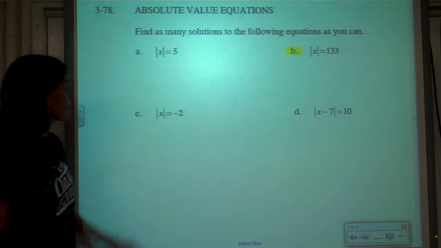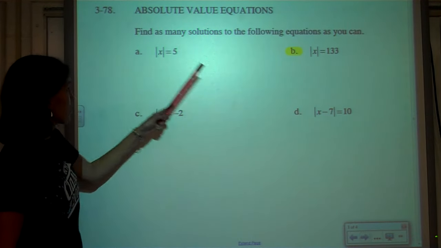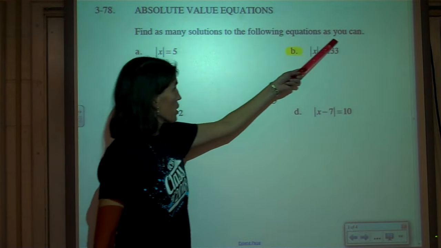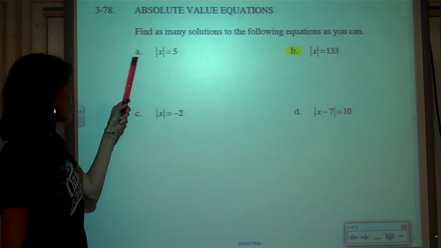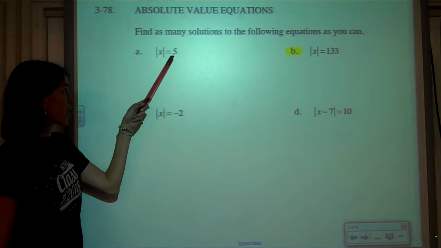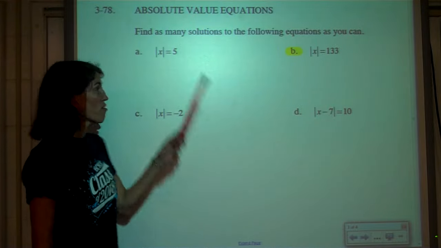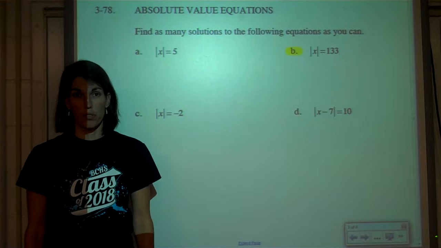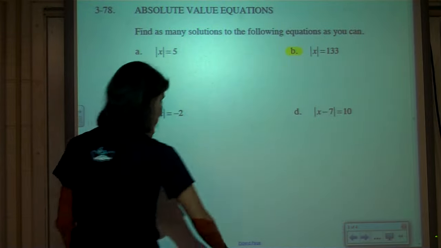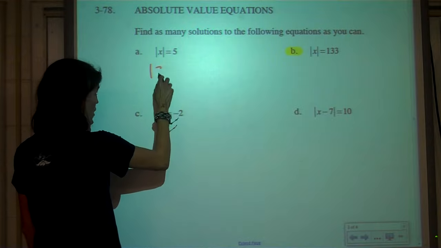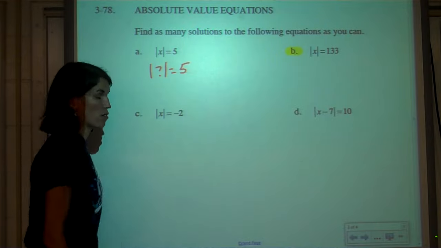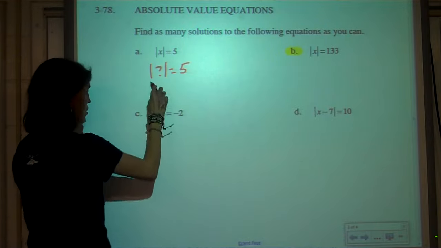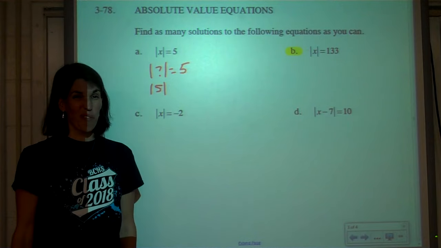Alright, now let's look at some absolute value equations. Find as many solutions to the following equations as you can. Let's look at A. The absolute value of x equals 5. What value can you fill in for x to make that equation true? In other words, the absolute value of what number gives you 5? Is that the absolute value of 5?